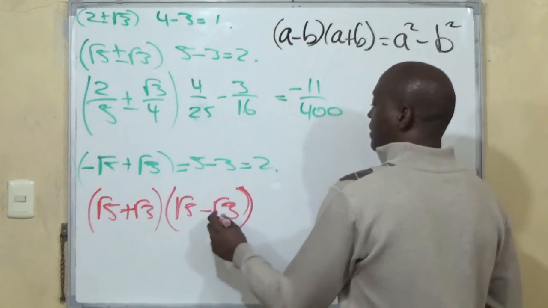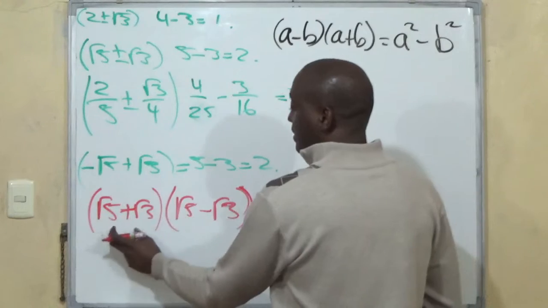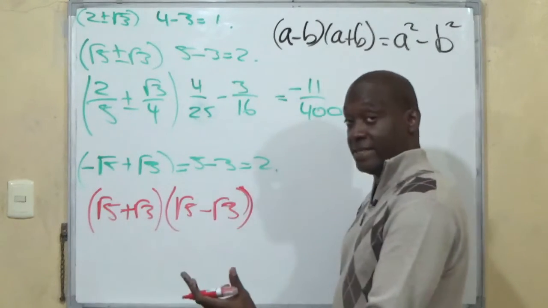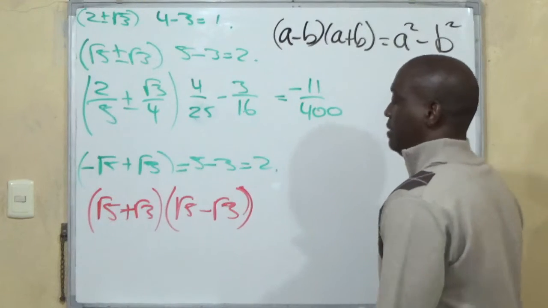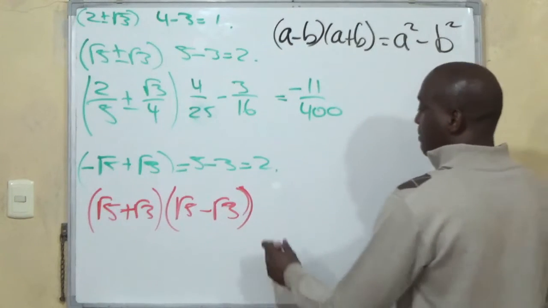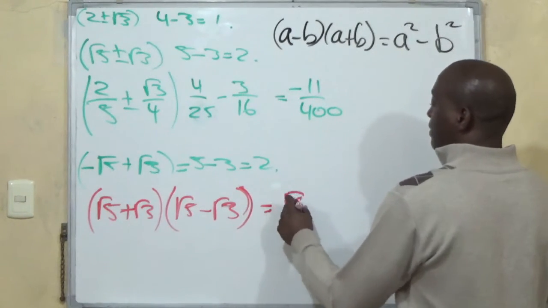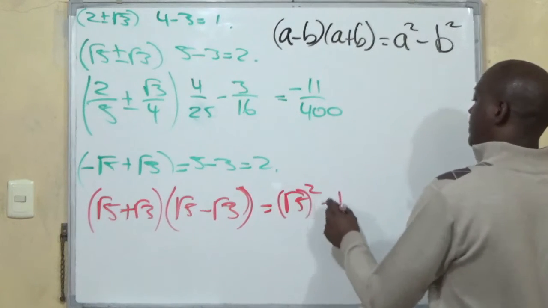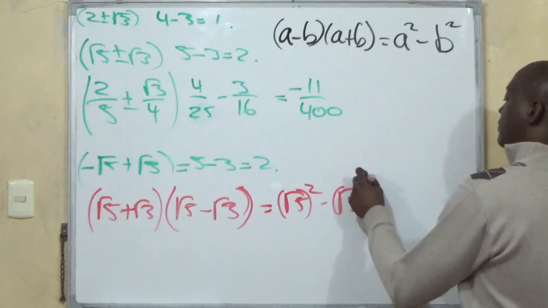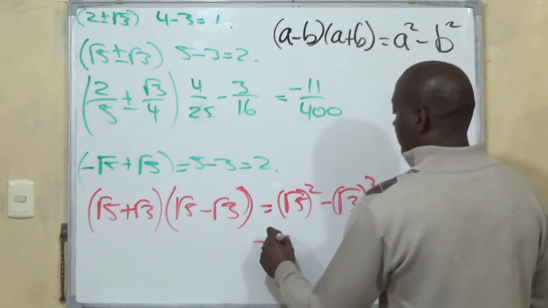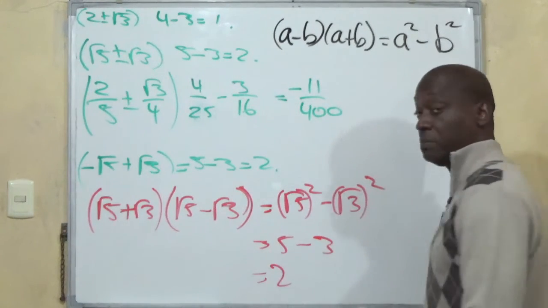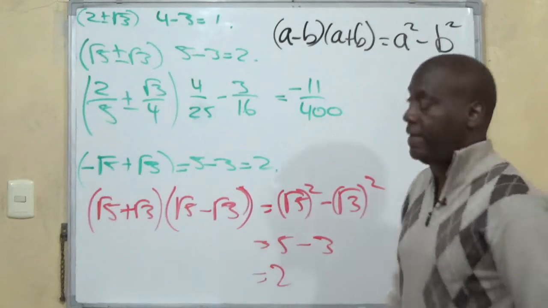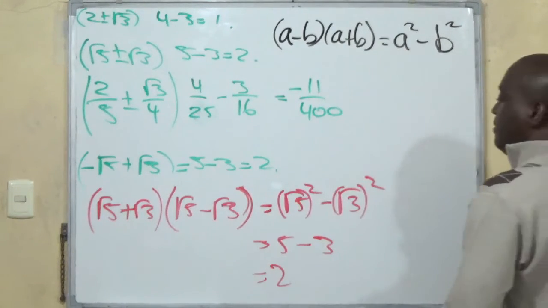In other words, this is the conjugate of this, and by the same token, this is the conjugate of this. It is a plus b into a minus b: root 5 squared minus root 3 squared. Root 5 squared is still 5, root 3 squared is 3, 5 minus 3 is 2. Then we do the same thing for our friend on top there.